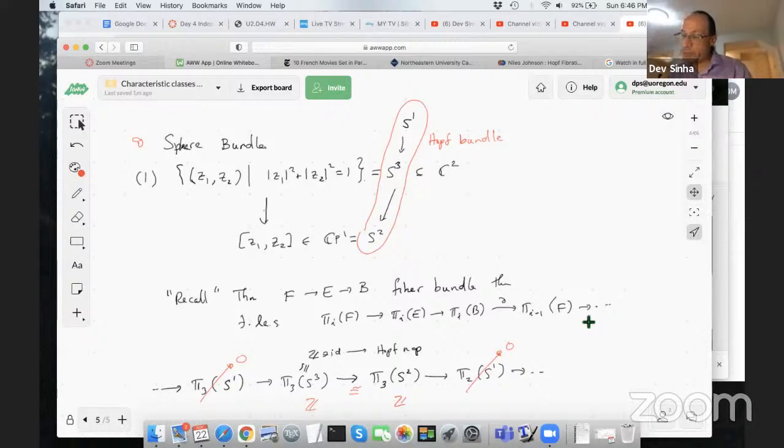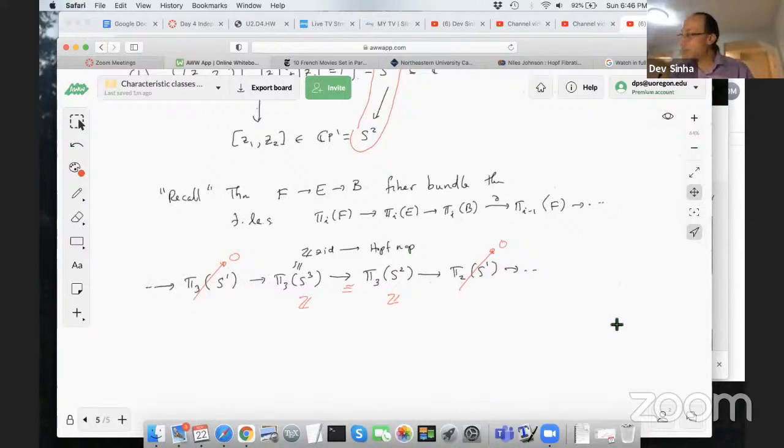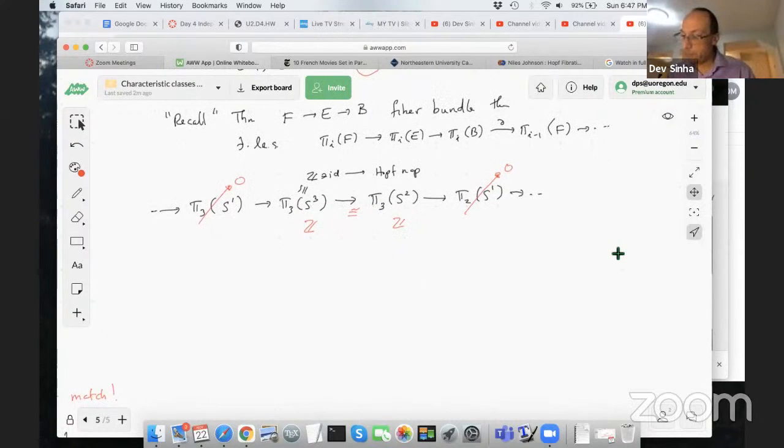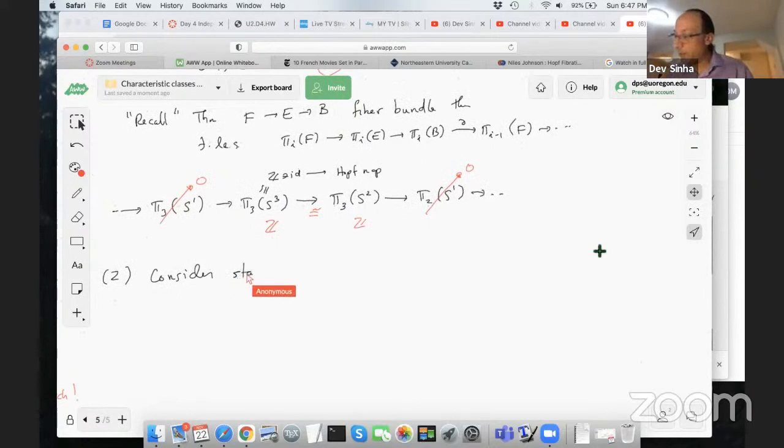So another way, and we'll stick with the more homotopy theoretic viewpoint, is that if we consider the standard CW structure on CP2, then the 2-skeleton is CP1, and CP2 is the same as CP1 union a 4-disk over some attaching map.